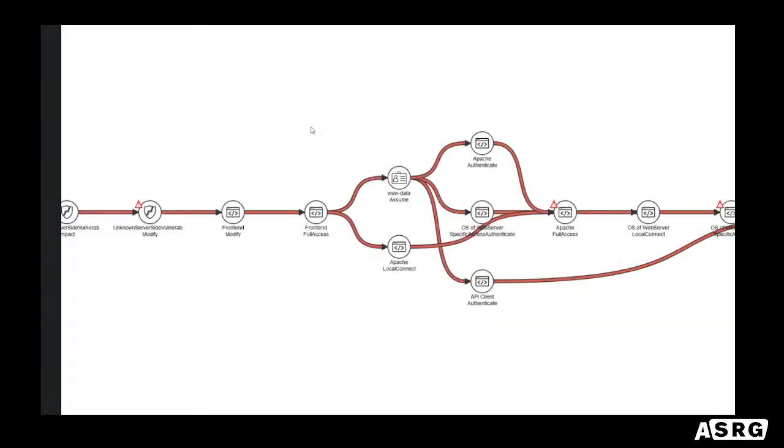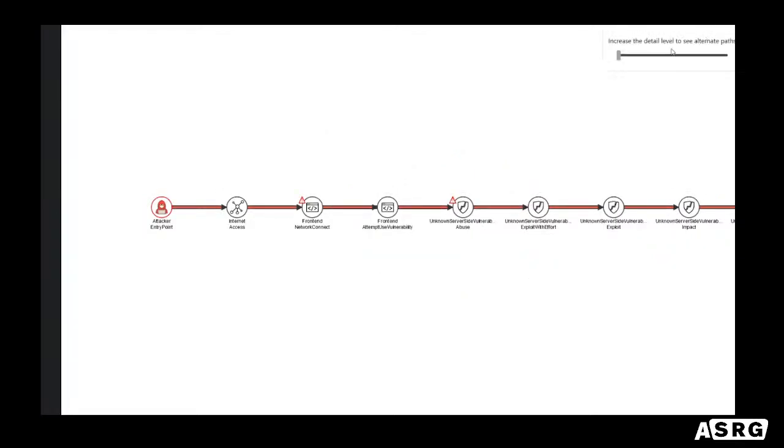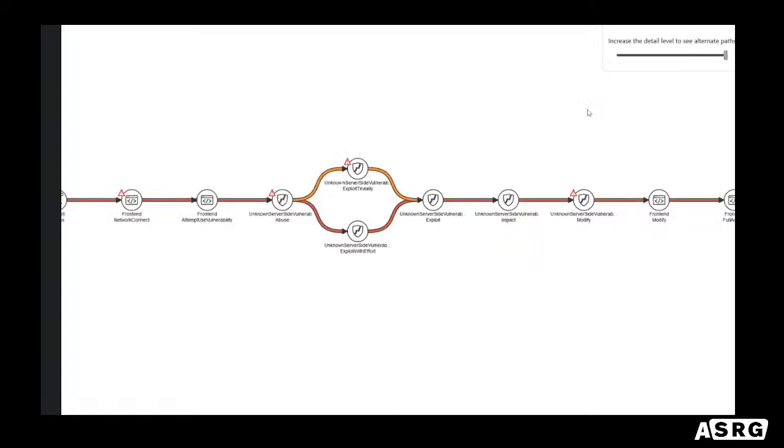And if we look at this, this is the path of least resistance. And then there are other less likely paths that are going to show up.